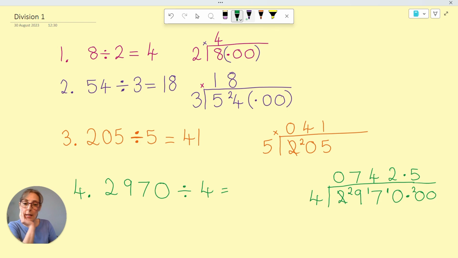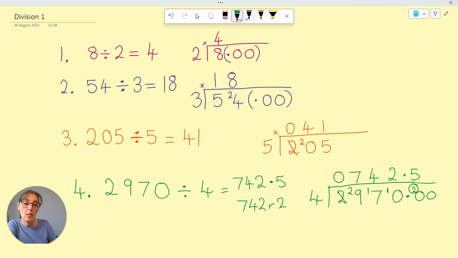So these are our options. We could say 742.5. Okay. We could say 742 remainder 2. This is our remainder here.